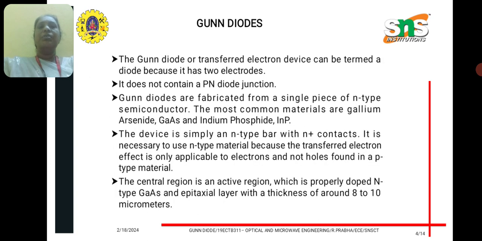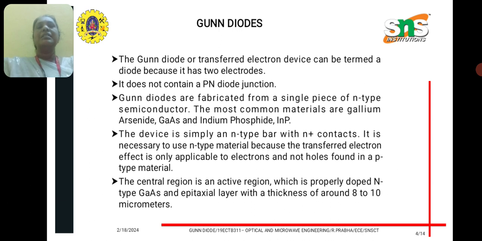The Gunn diode or transferred electron device can be termed a diode because it consists of two electrodes like a PN junction. Gunn diodes are fabricated from a single piece of N-type semiconductor. The most common materials are gallium arsenide, GaAs, and indium phosphide, InP.